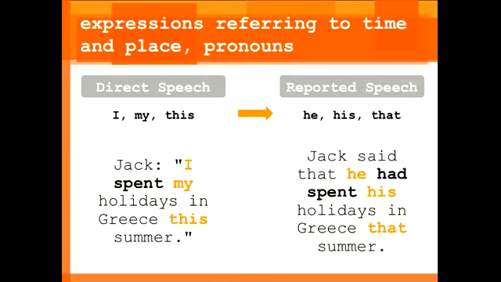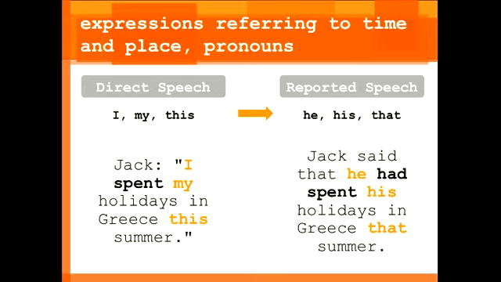And then in the reported speech, we would have Jack said that he had spent his holidays in Greece that summer. Now, highlighted in black, you will see that there's a difference in tenses here. We have spent as a past tense in the direct speech, and the backshift of tenses, had spent, the past perfect, in the reported speech.